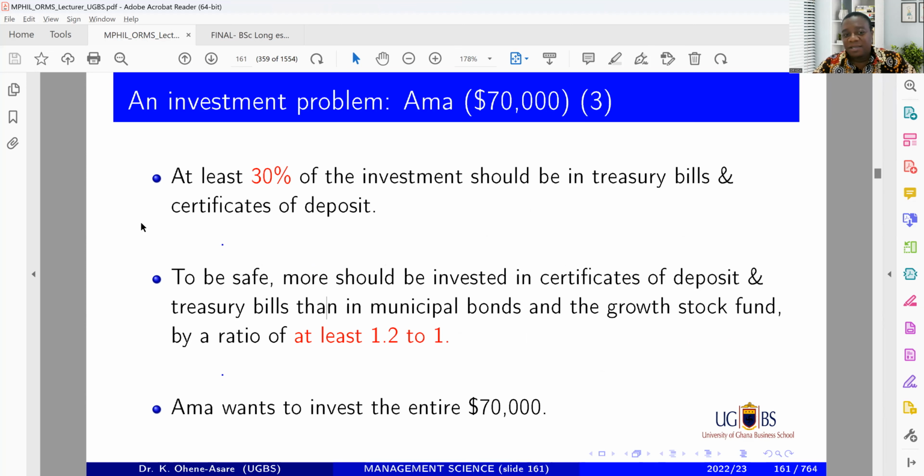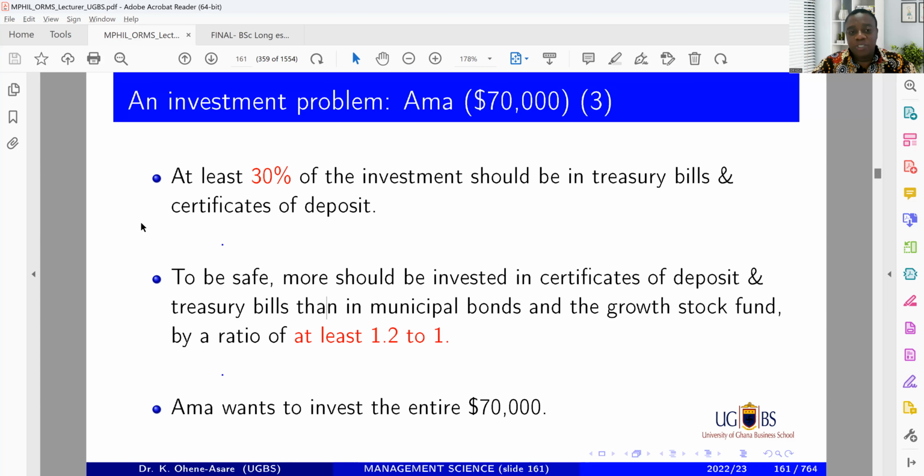To be safe, more should be in certificate of deposit, CDs, and treasury bills, TBs, than in municipal bonds, MBs, and growth stock fund, by a ratio of at least 1.2 to 1. Now, that is the most difficult constraint, that last one. But we shall dig into that. And finally, Ama wants to invest everything. All that she has, 70,000, she wants it to go.